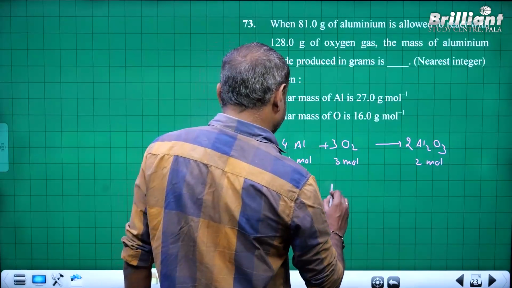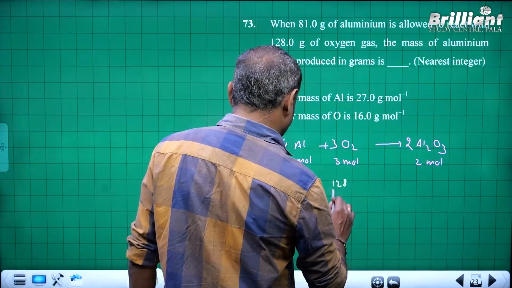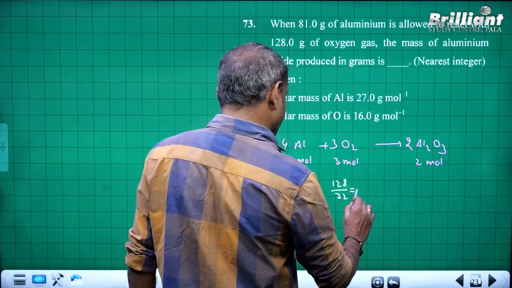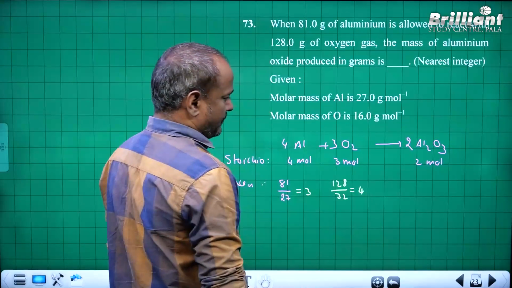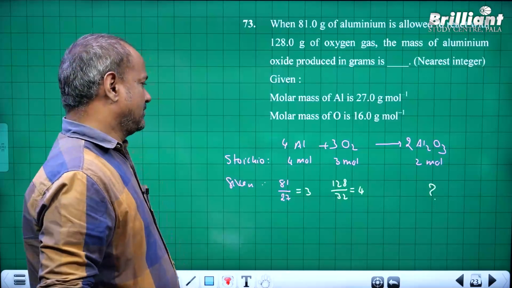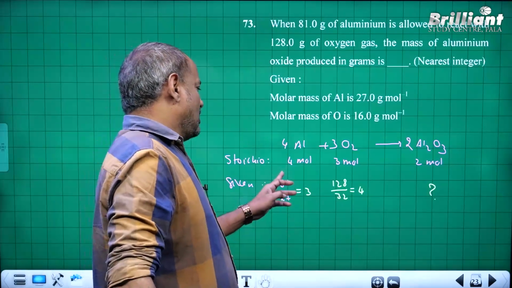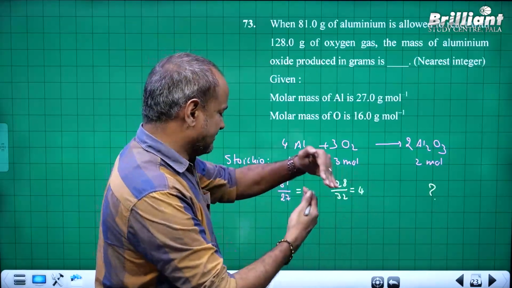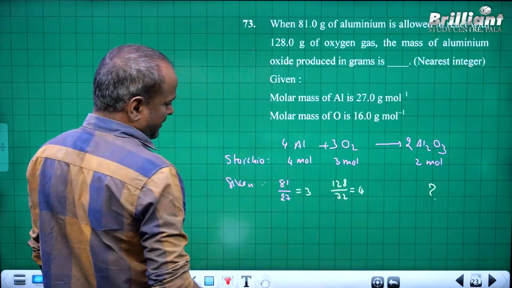128 grams of oxygen, 128 by 32, 4 moles. This is a limiting reagent problem: 4 moles react with 3 moles, but the given amounts are reversed, 3 moles and 4 moles.